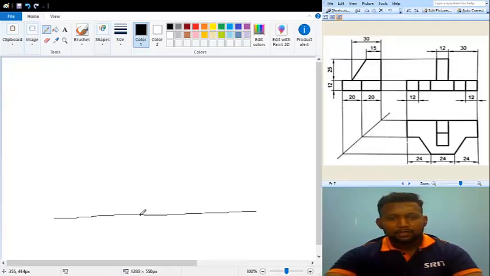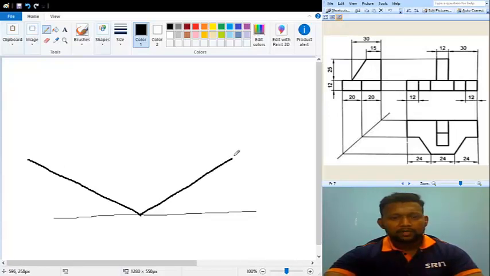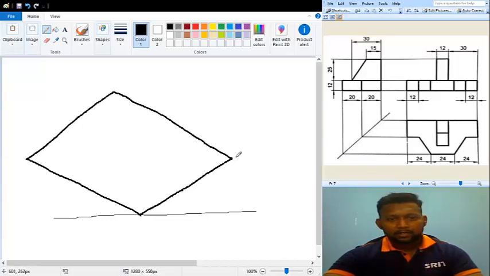Okay, so that means I have to draw a distance of 72 mm like this, at 30 degrees, and 20 mm like this. Okay, and after this, another 72 mm and another 40 mm. So here it is not 20 mm, here also it is 40 mm.